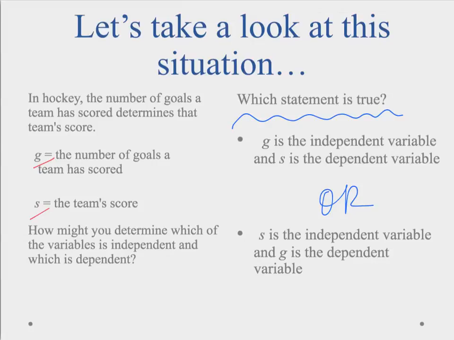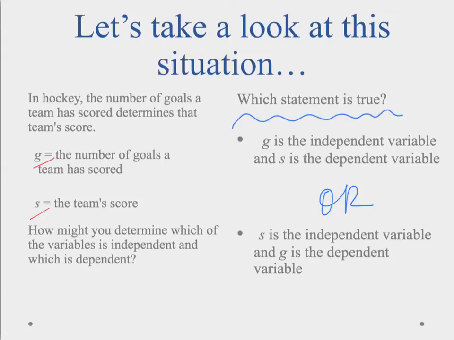If you said the team's score depends on how many goals our team has scored, you are correct. Therefore, our team's score is the dependent variable, and the goals we have scored is our independent, because the number of goals we score is not impacted by our score.